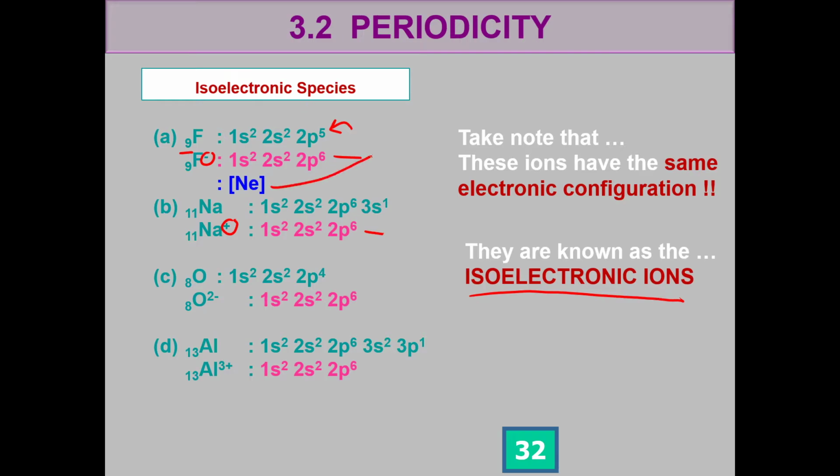And also neon. Kalau you guys tengok atom neon ada 10 electrons. So neon kalau you guys isi, dia akan juga dapat sama dengan this. Okay, so neon dengan fluorine minus, sodium plus, oxygen 2 minus, aluminium 3 plus has the same electronic configuration.